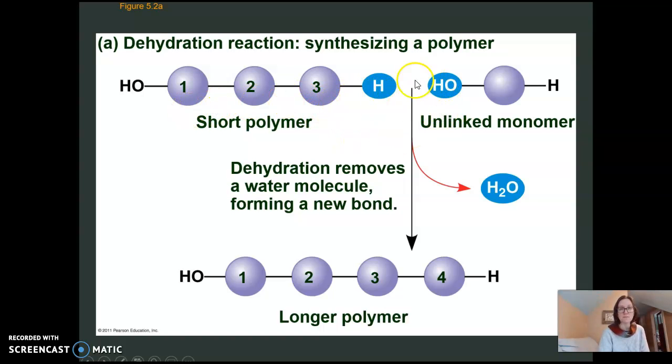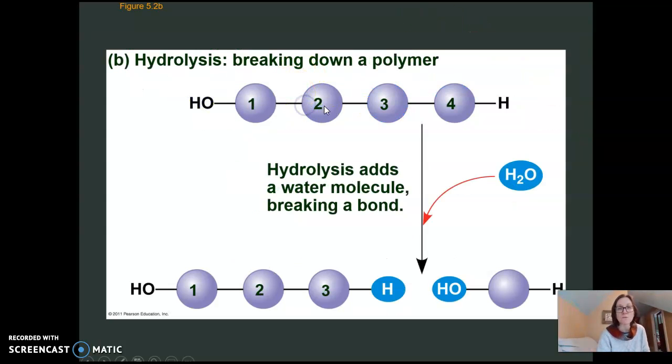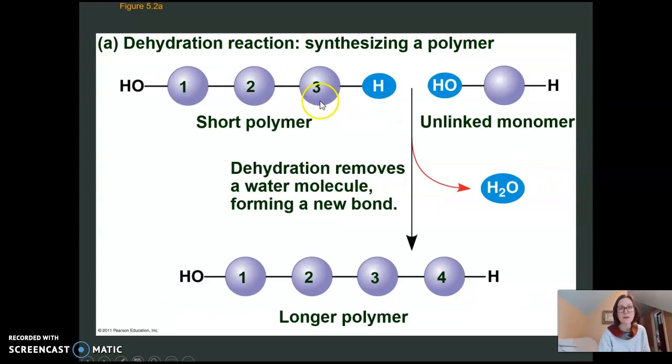This is pretty typical, having those sticking off of the polymers. Over here is a monomer sticking off of the monomers. And over here is a hydroxyl group, and a hydrogen over here. And when we get these two together, we get this short polymer. We could even imagine that this was one monomer here as well.